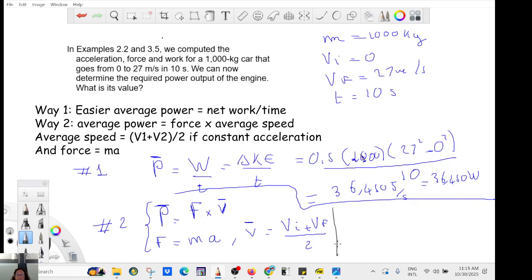So the average power is the force, which is mass, 1000. Acceleration is the change in speed, so 27 minus 0 over 10. And the average speed is 0 plus 27 divided by 2.